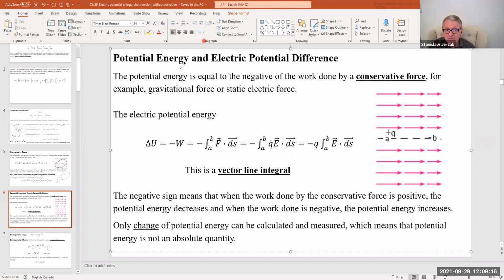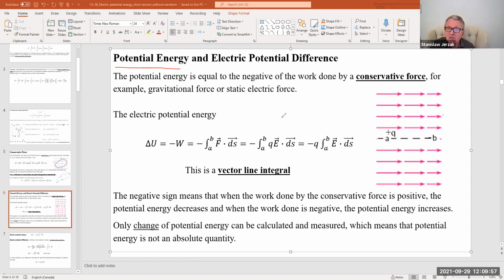You should know from physics 1800, where you defined gravitational potential energy, and from physics 1801, when we defined electric potential energy, that it is only possible to define potential energy, whether gravitational or electric, because gravitational force and electric force are conservative forces. So potential energy can only be defined when the force associated with that energy is conservative.